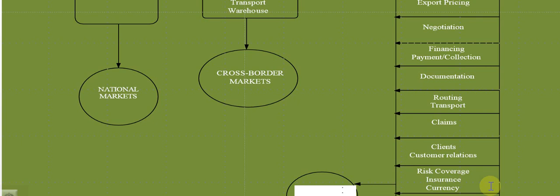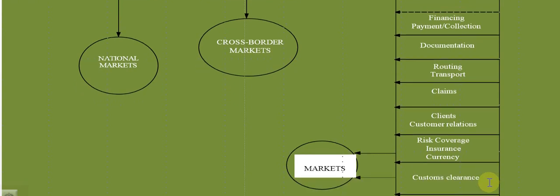Risk coverage, insurance, currency also should be considered as one of the most important jobs in international trading. You should make an insurance for each product which is discharged from your factory to the local area.